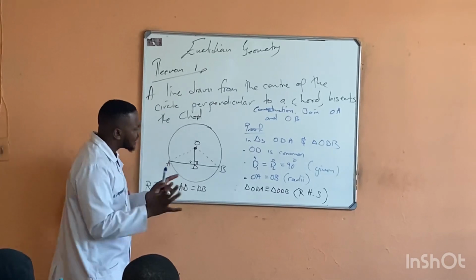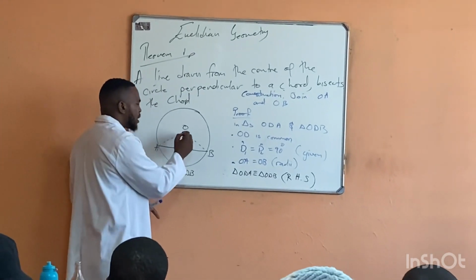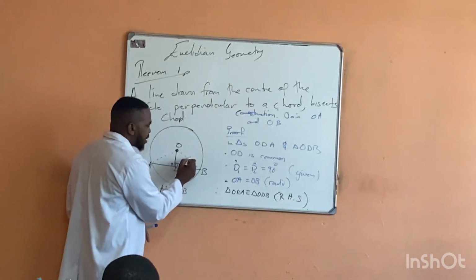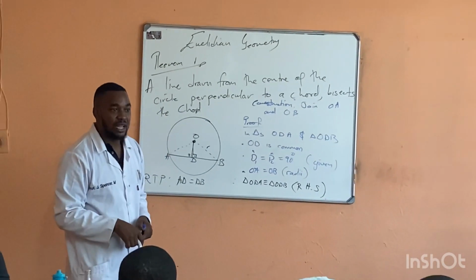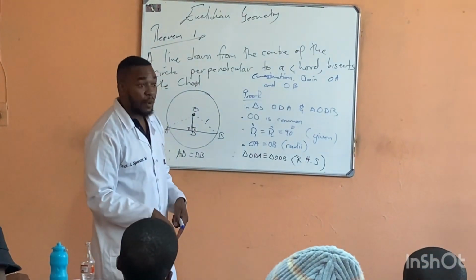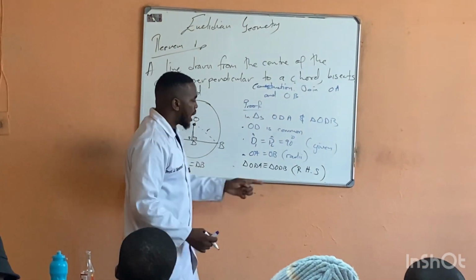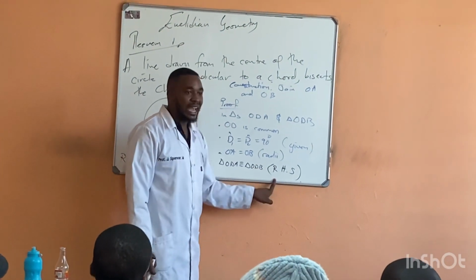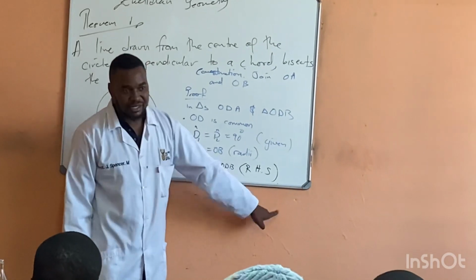Now on these two right angle triangles, we talked of a side, right? And we talked of the radius, which is the hypotenuse in other words, right? And we talked of the right angled triangle side, which is D1 and D2. Hence, our reason is right hand side: right angle, hypotenuse and the side.